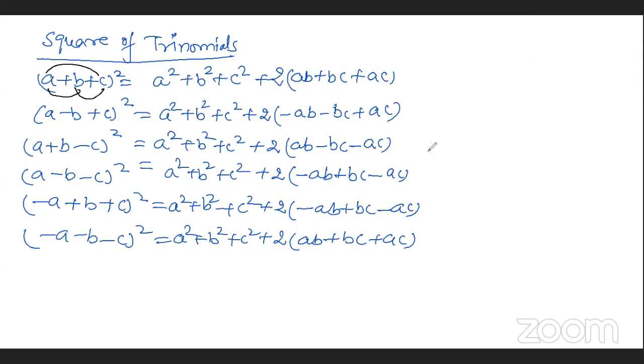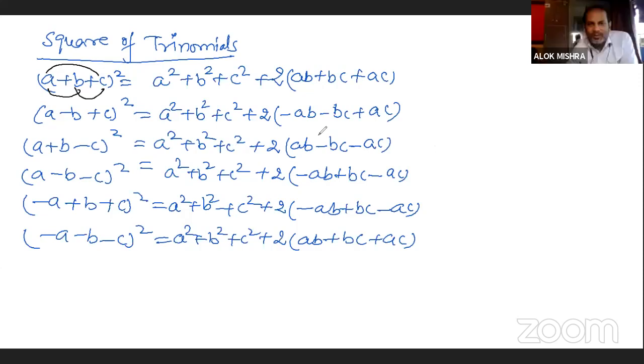Yes. So there is no need to memorize the formula, completely no need to memorize the formula, just learn the concept. First 3 terms will always be the sum of the squares of the 3 terms. Then plus 2 is again constant. Within the bracket, I simply have to write down the product of the 2 terms at a time.